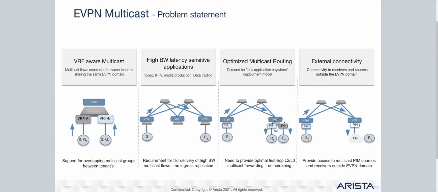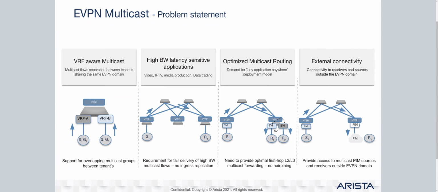Fair manner means that when the stream is sent across the fabric, each of the receivers receives it at roughly the same time. We don't want any lag or delay between one receiver receiving the flow and a second receiver receiving the flow. So there's a requirement of delivering not just high bandwidth, but delivering high bandwidth multicast traffic fairly.